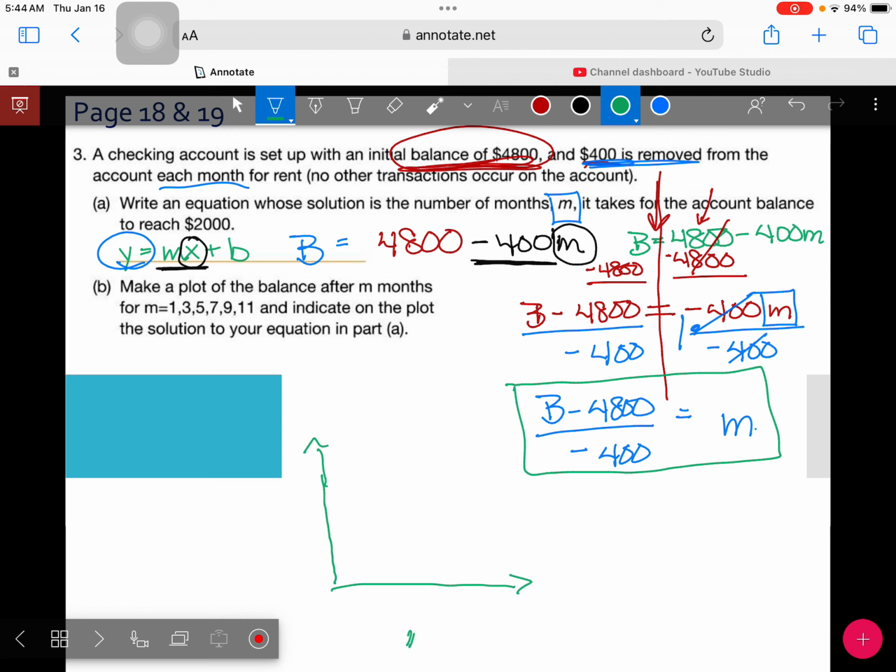So your number of months, that is your independent variable. Independent variables are always the x value. And it is on a nice gridded graph paper. As I look at mine, every 2 squares I did as 1 month.